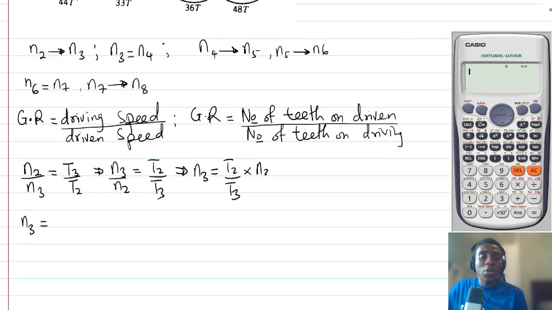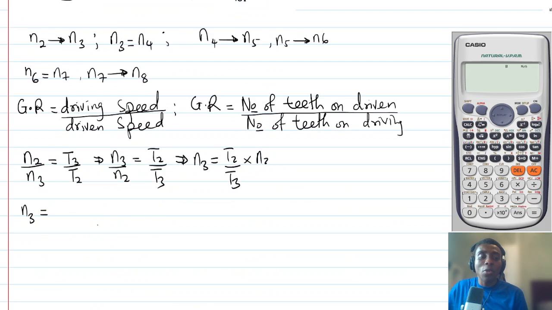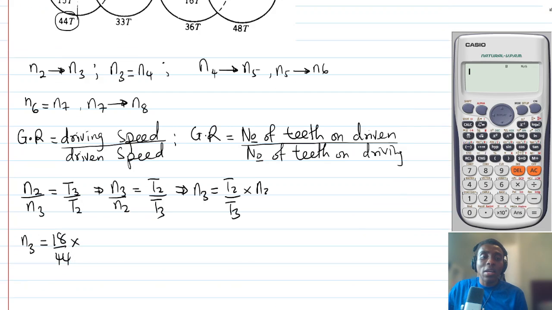We know that N3 is nothing but, the number of teeth on the second gear is 18, and that on the third gear is 44, so 18 over 44 multiplied by N2. The speed of N2 is 1200, and the direction is counterclockwise.